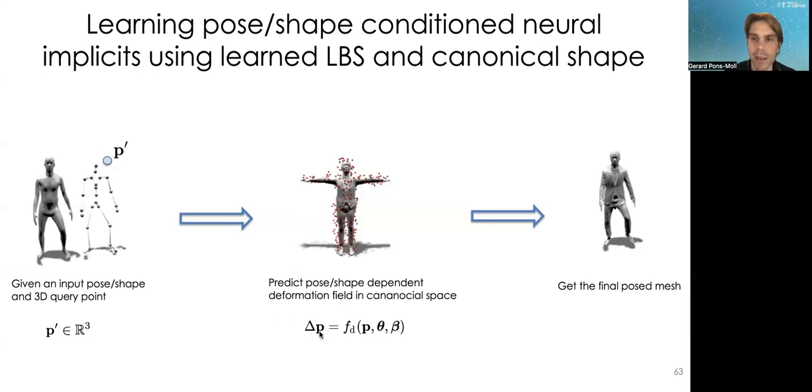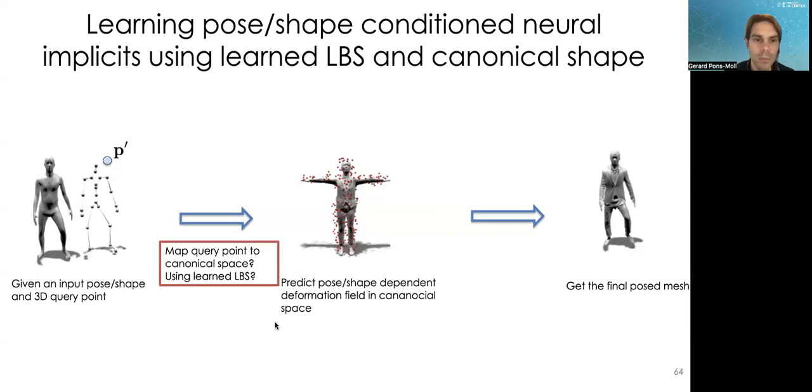And these displacements, you will see that they are inverse. So if you want to make the surface grow, these displacements will go in the opposite direction. And you will understand in a second why that's the case. Right. So the question is, how do we map a query point from the pose space to the canonical space?